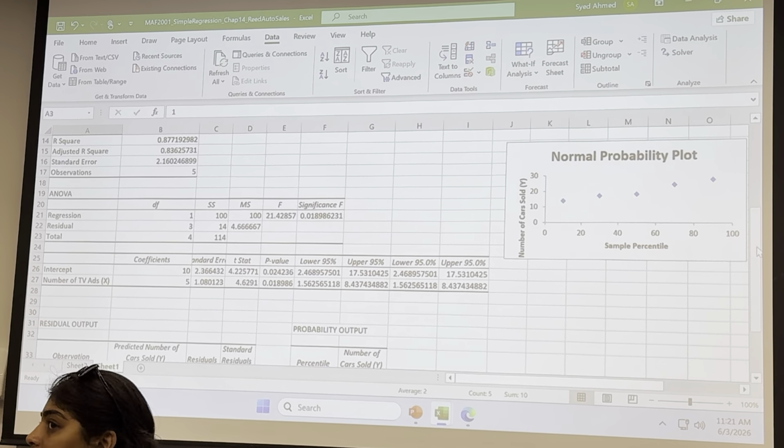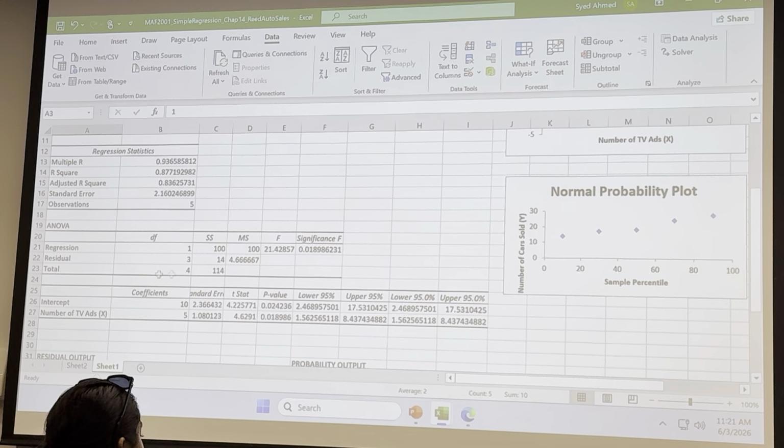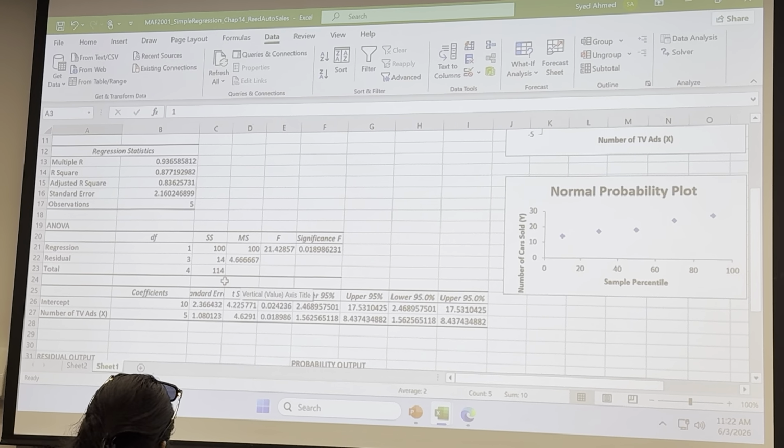Now, this R squared. This 114 over here is the total sum of squares. Like you took the differences with the mean, squared them and added all those.